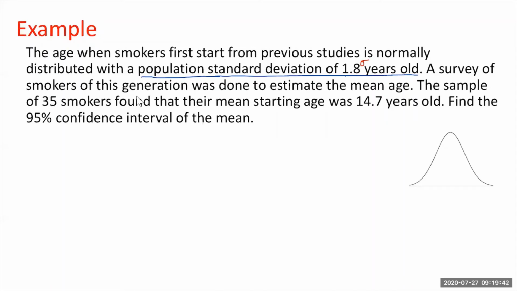A survey of smokers of this generation was done to estimate the mean. We want to estimate the mean, that's why the survey is done. What is the mean age this generation started smoking? We want to estimate that. So for that, the sample of 35 smokers was taken. That is your n equal to 35.